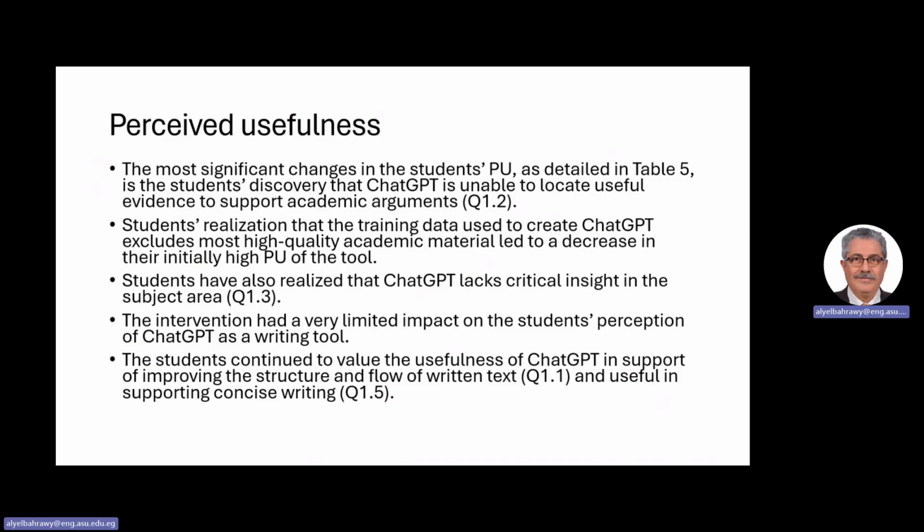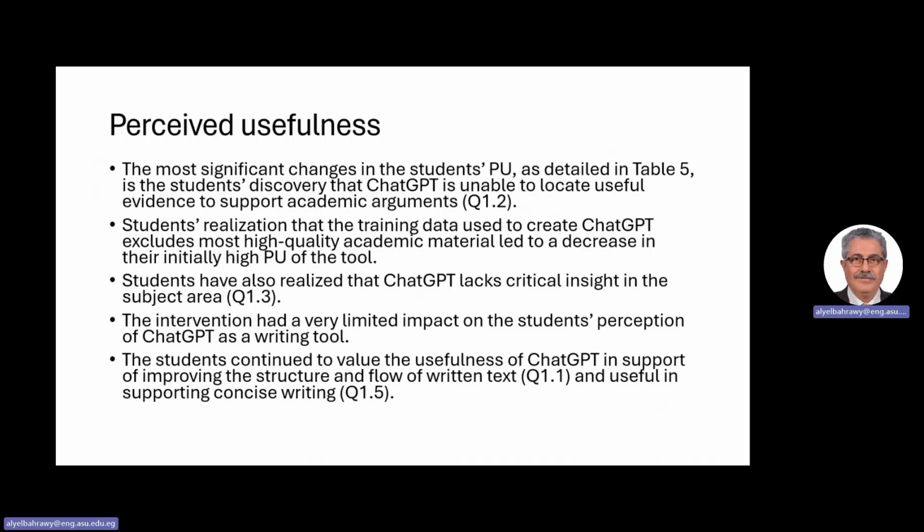Perceived usefulness. The most significant change, as detailed in Table 5, is students' discovery that ChatGPT is unable to locate useful evidence to support academic arguments. Students' realization that the training data used to create ChatGPT excludes most high-quality academic material led to a decrease in their initially high PU of the tool.